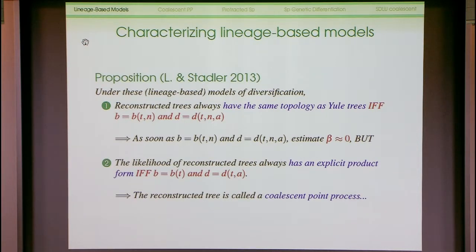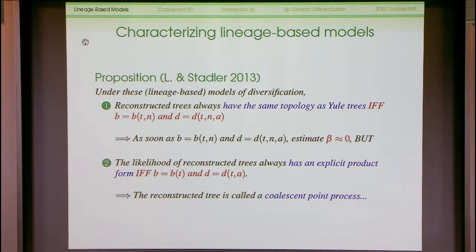So the idea is that you take some tree and you compute this statistic, beta. If this tree has been produced by such a process, we will find a beta which is close to 0. So these processes cannot explain the shape of real trees, at least those that have negative beta.